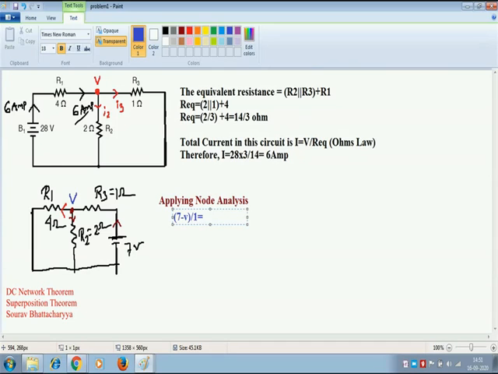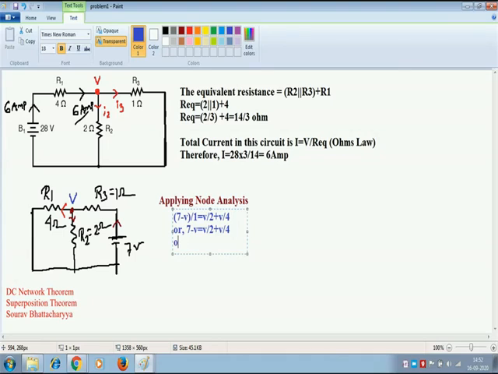The outgoing currents are V divided by 2 plus V divided by 4.